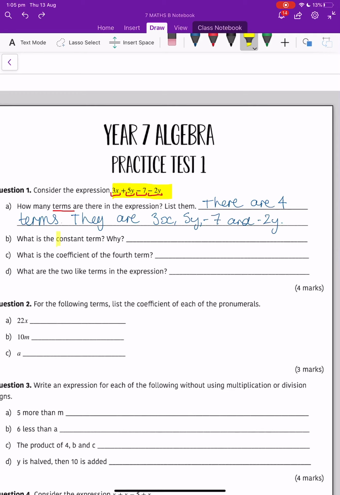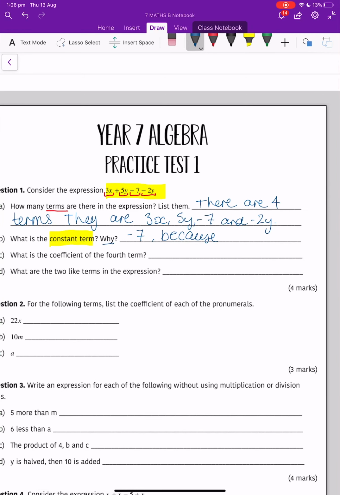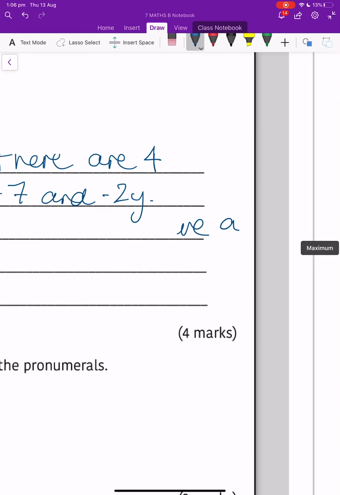What is the constant term? So remember, the constant term is one without a pronumeral, so a pronumeral is a letter. So have a look at the expression, and you might have identified that negative 7 is the constant term, and it asks you why. So you have to say, because it doesn't have a pronumeral.